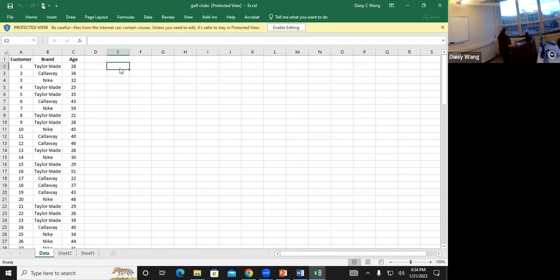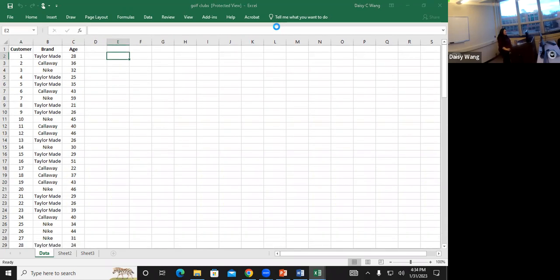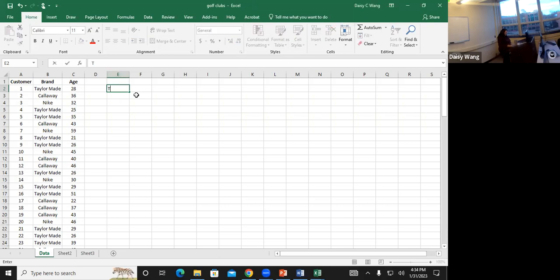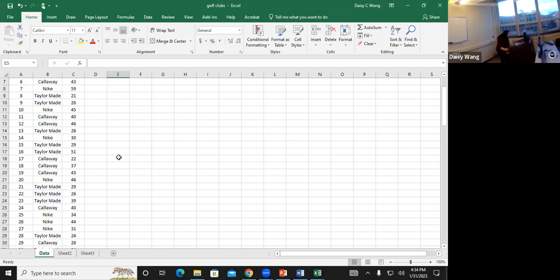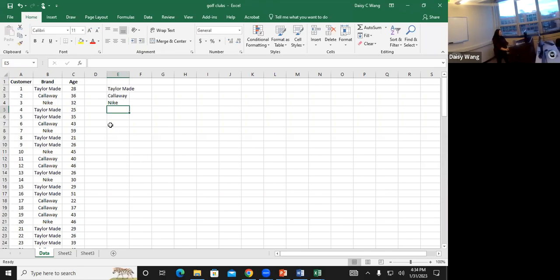So we have Tailor-made, Nike. Any other brand? Oh, okay, only 3 brands.